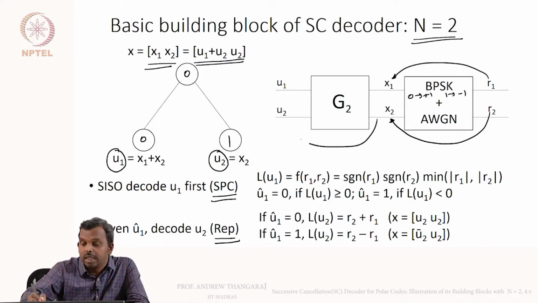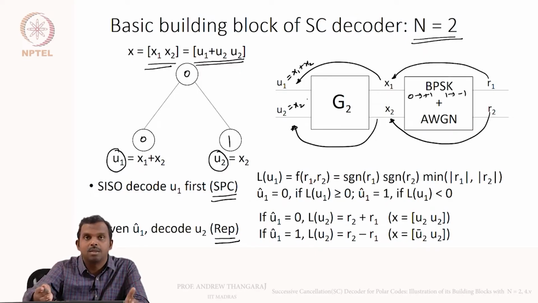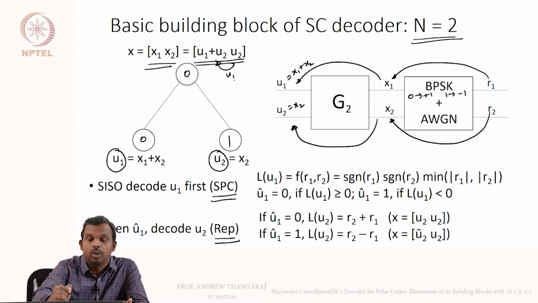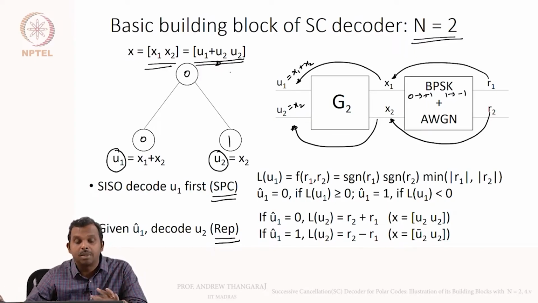You can actually invert the kernel and go back in this direction. How do you do this? u1 is x1 plus x2 and u2 is x2. You XOR these two, you get u1. It's easy to do, and you get u1 as x1 plus x2.